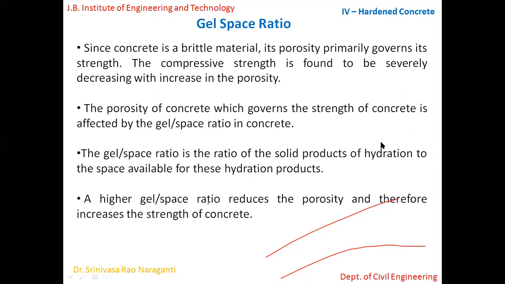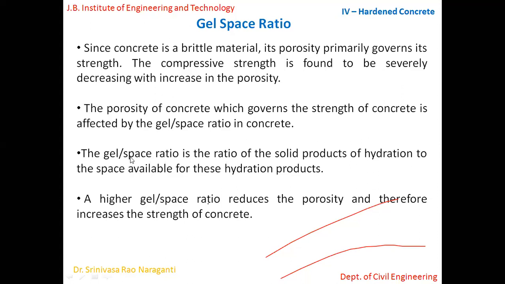When I say solid products of hydration, basically I'm talking about CSH gel, and calcium hydroxide is also generated, but basically we're talking about a gel which has cementitious properties, basically CSH gel, to the space available for these hydration products. So how much space is available for these hydrated products to occupy once the complete hydration takes place. That ratio is called gel space ratio.